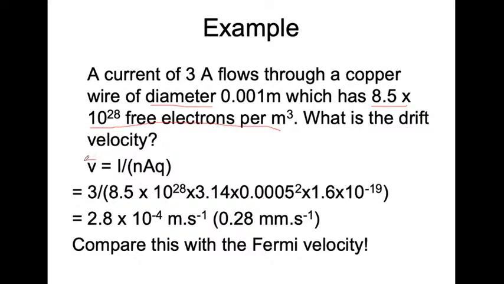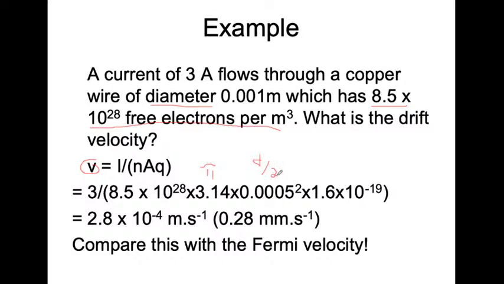So rearrange our standard equation, I equals NAQV, to solve for V. I is 3 coulombs per second, N is 8.5 times 10 to the 28, and we're going to find the cross-sectional area of this wire using pi r squared, so 3.14 for pi, and r is our diameter divided by 2.